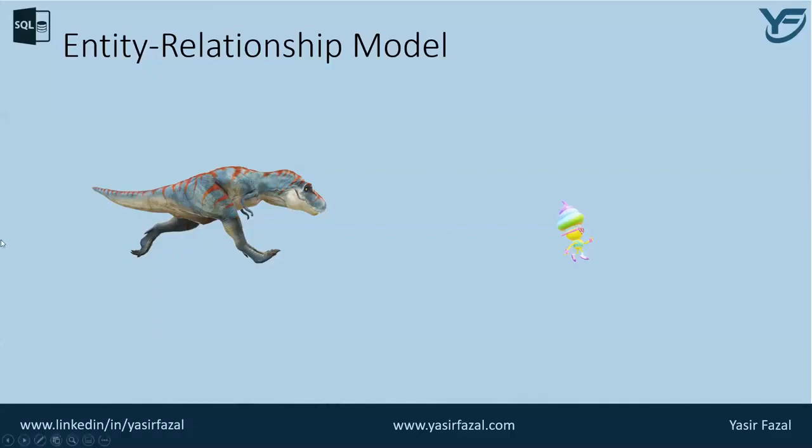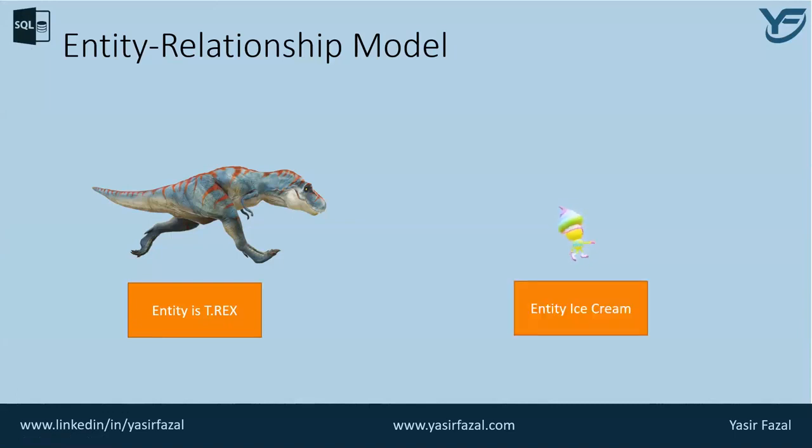So basically, what I am trying to say here is that T.REX is an entity and ice cream is another entity. As I said, in the real world there are two entities, ice cream and T.REX.